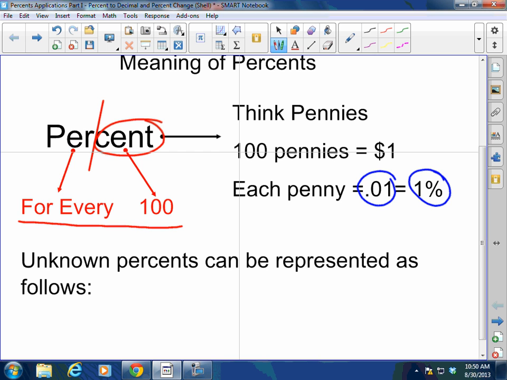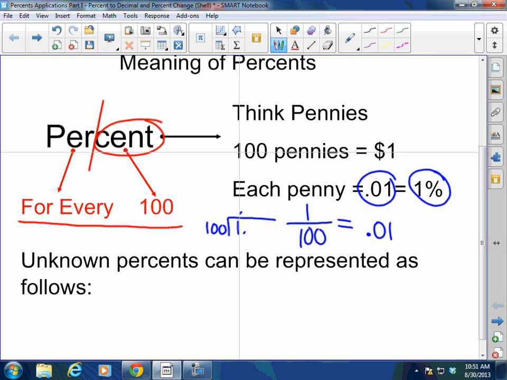Why? Because it's one part out of 100 possible parts. It's 1 penny out of 100 possible parts. And you know how to turn this into a fraction. That's 1/100th. So you can just read it out, 0.01, 1/100th, or you can divide 100 into 1.